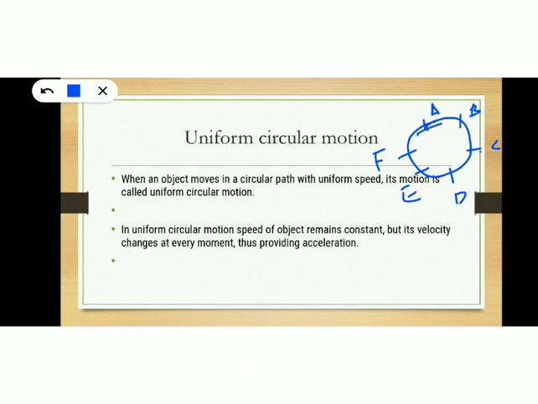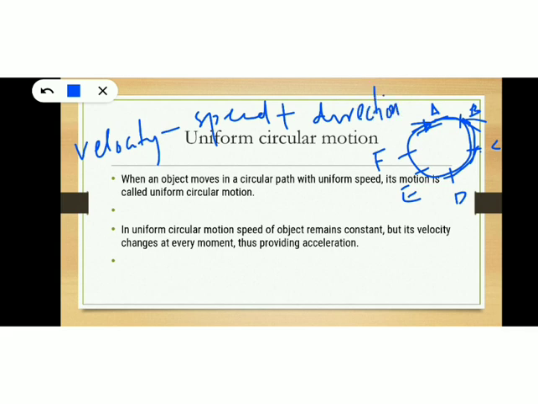Here the object goes this way, and on reaching B it changes its direction, on reaching C it again changes its direction, on reaching D it again changes its direction. So at each point on the circle the object changes its direction. And velocity is a combination of speed with direction. So if any one changes, velocity will change.